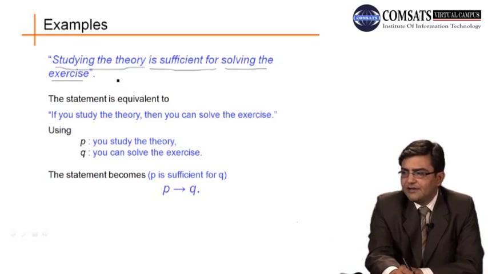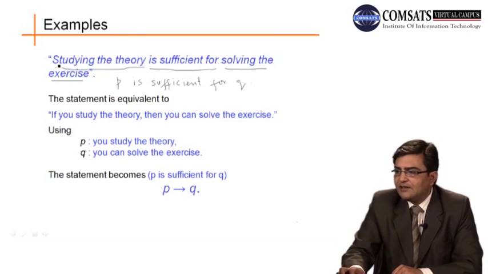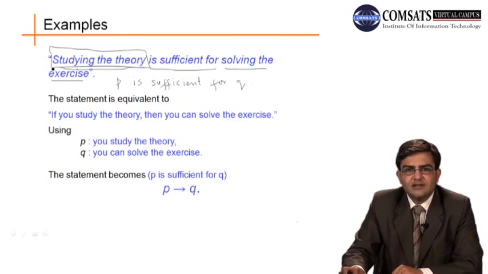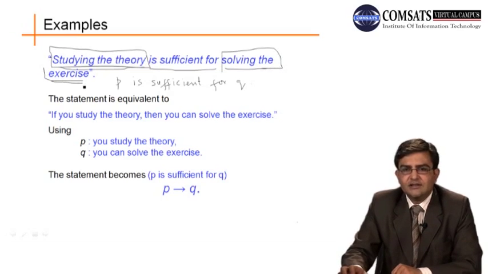The form of this statement is P is sufficient for Q. This means that studying the theory is the hypothesis, the condition in this conditional statement, and solving the exercise is the conclusion.